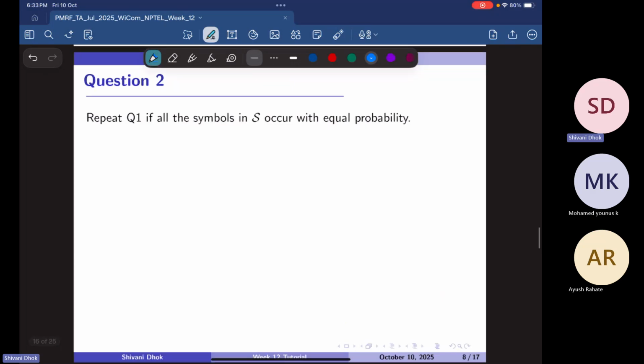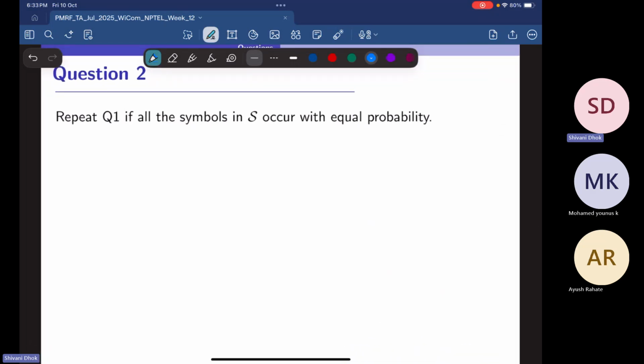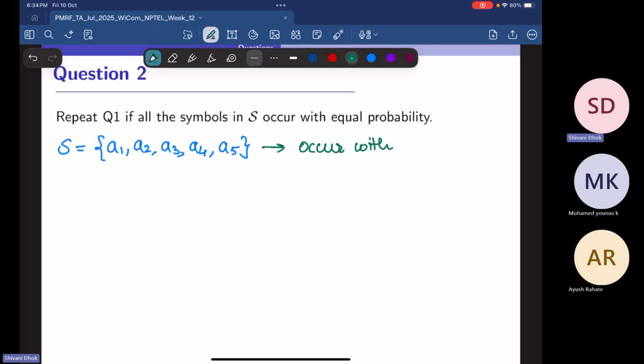It says to repeat question 1 if all the symbols in S occur with equal probability. So what it means is this S had 5 symbols, that is A1, A2, A3, A4 and A5, and now all of these occur with equal probability.